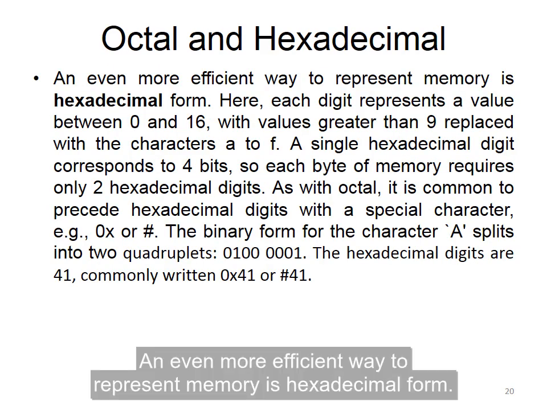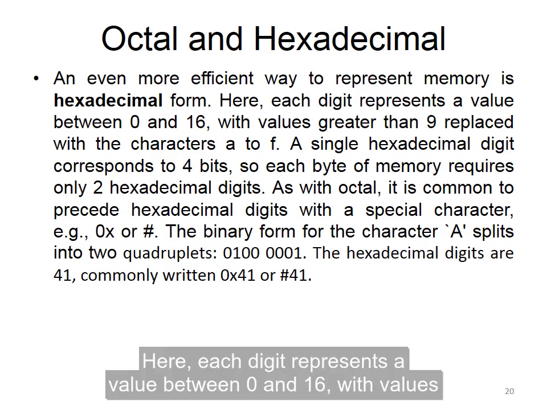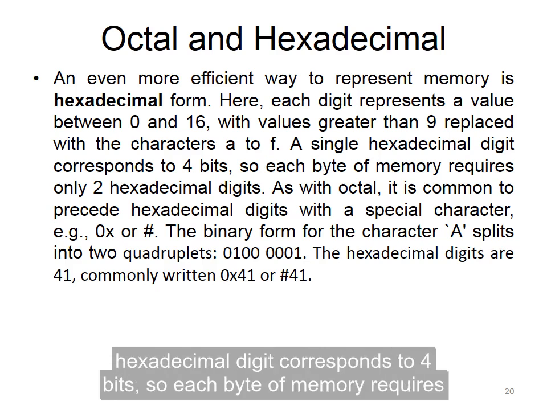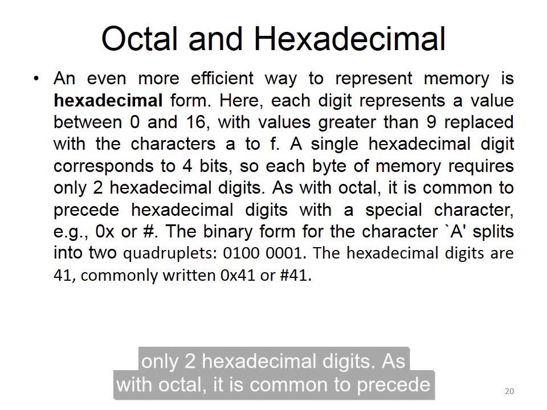An even more efficient way to represent memory is hexadecimal form. Here, each digit represents a value between 0 and 15, with values greater than 9 replaced with the characters A to F. A single hexadecimal digit corresponds to 4 bits, so each byte of memory requires only 2 hexadecimal digits.